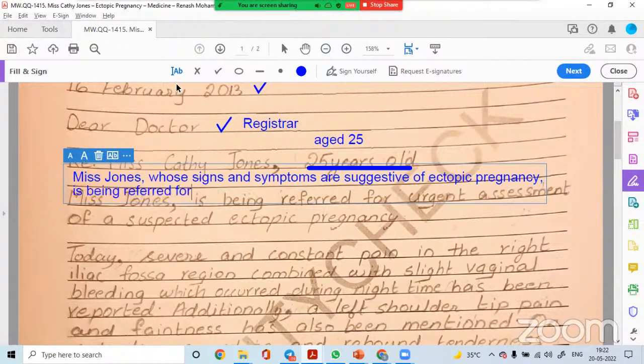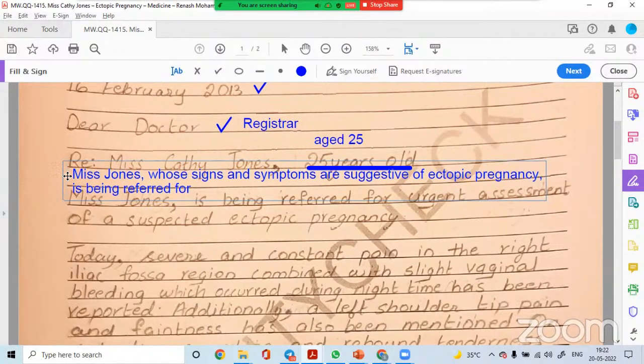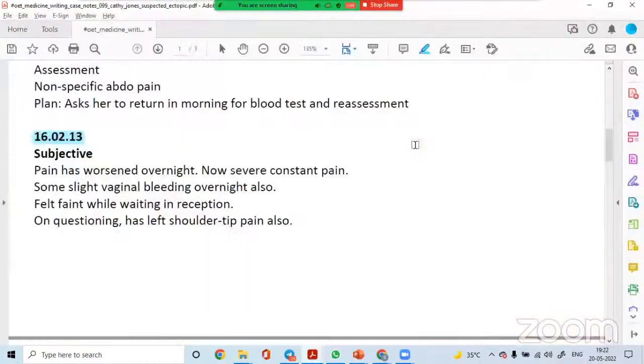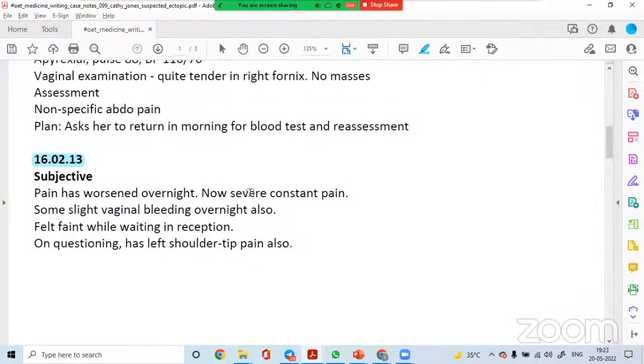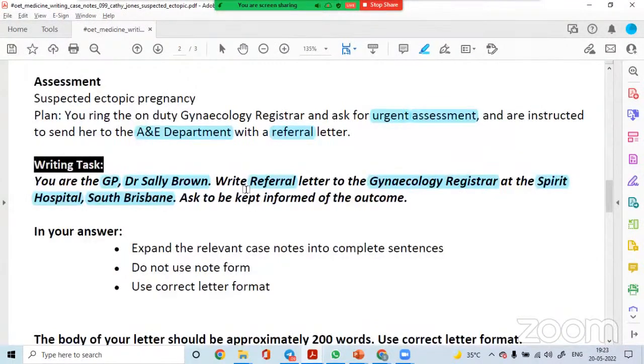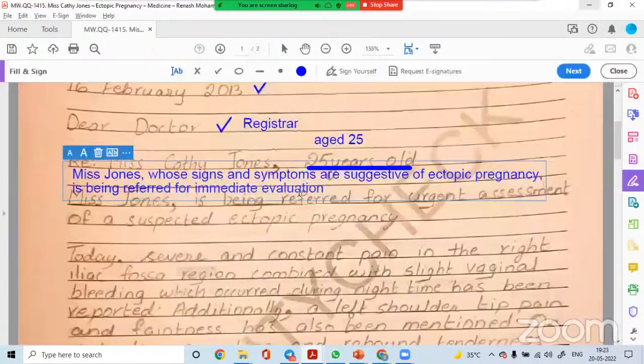for urgent assessment, immediate evaluation. Okay, what is there in the case notes? Don't write the same thing. It is given here urgent assessment, and you are writing urgent assessment.